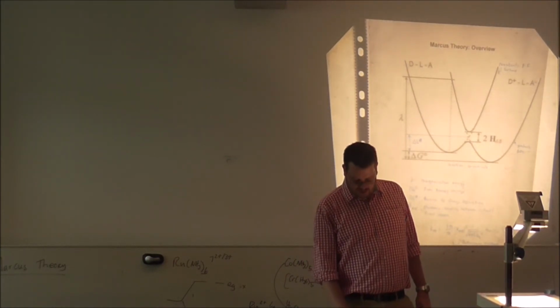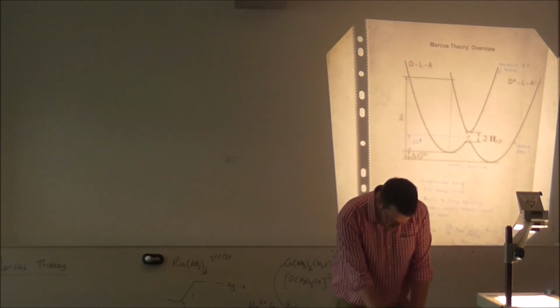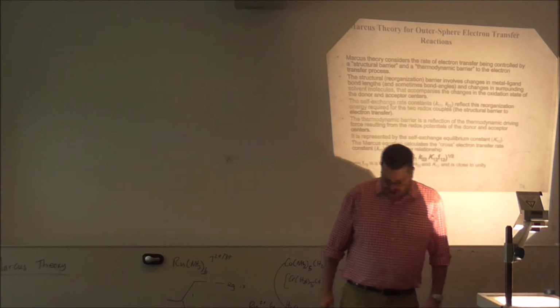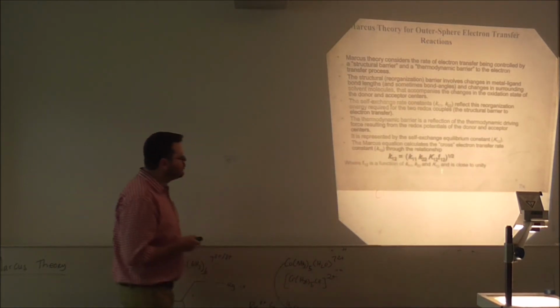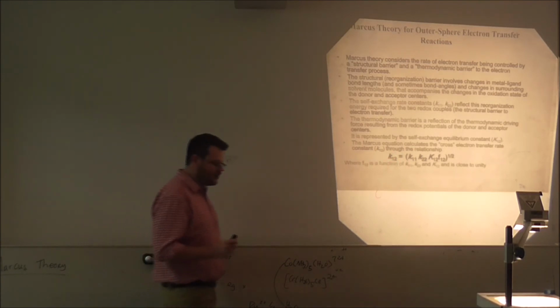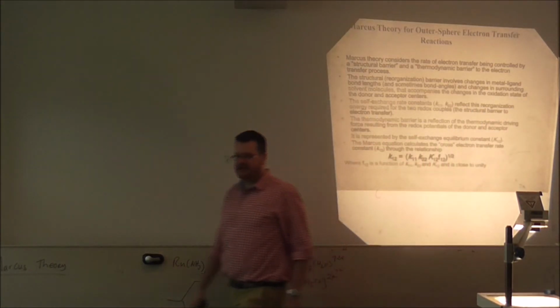sphere electron transfer reactions. And as a matter of fact, there exists something called the Marcus equation, which you see at the bottom there, which enables one to establish the rate constant for an electron transfer between two species, or two complexes, if you know the self-exchange rate constant for those two complexes, the equilibrium constant for that reaction, and F, which is sort of a fudge factor, which we generally set equal to 1.